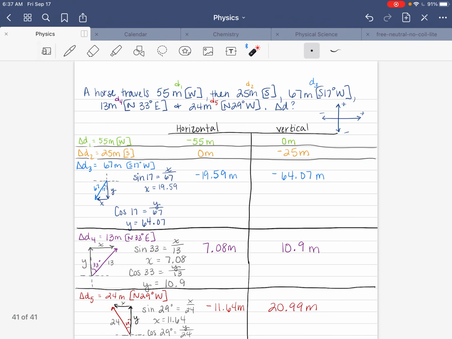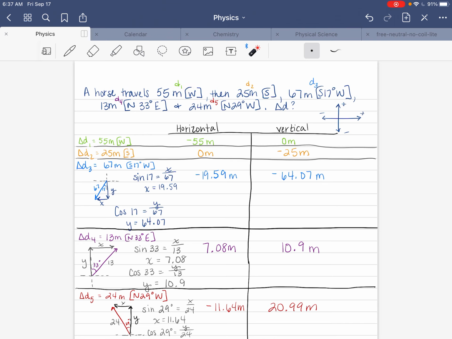So I'm going to talk you through the example. We had a horse that traveled, and we were given 5 different vectors. Again, a key thing is just keeping organized. So I went ahead and labeled each of the vectors with a name: displacement 1, 2, 3, 4, and 5.